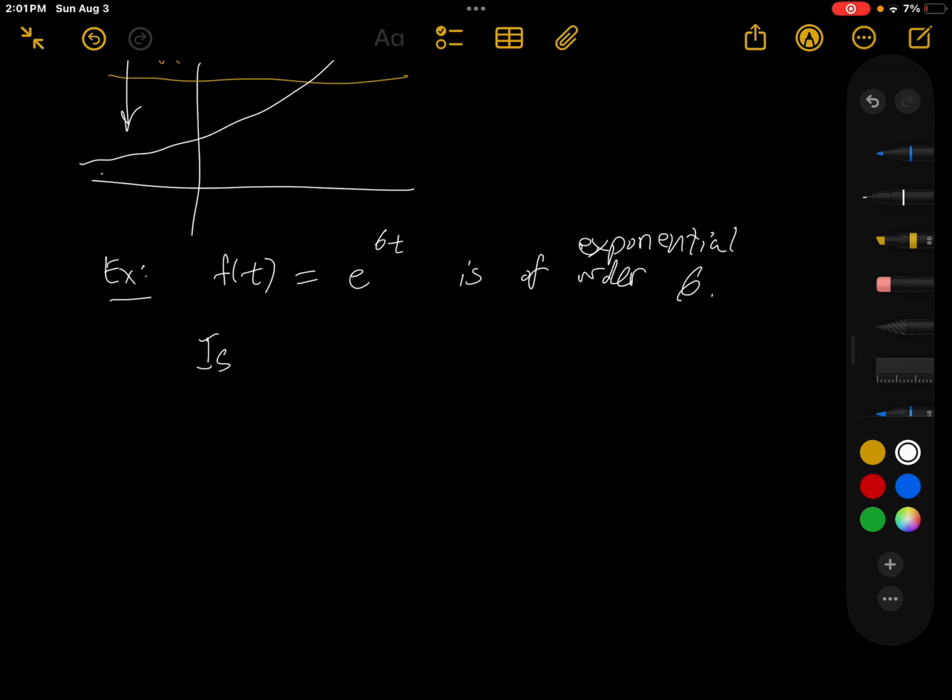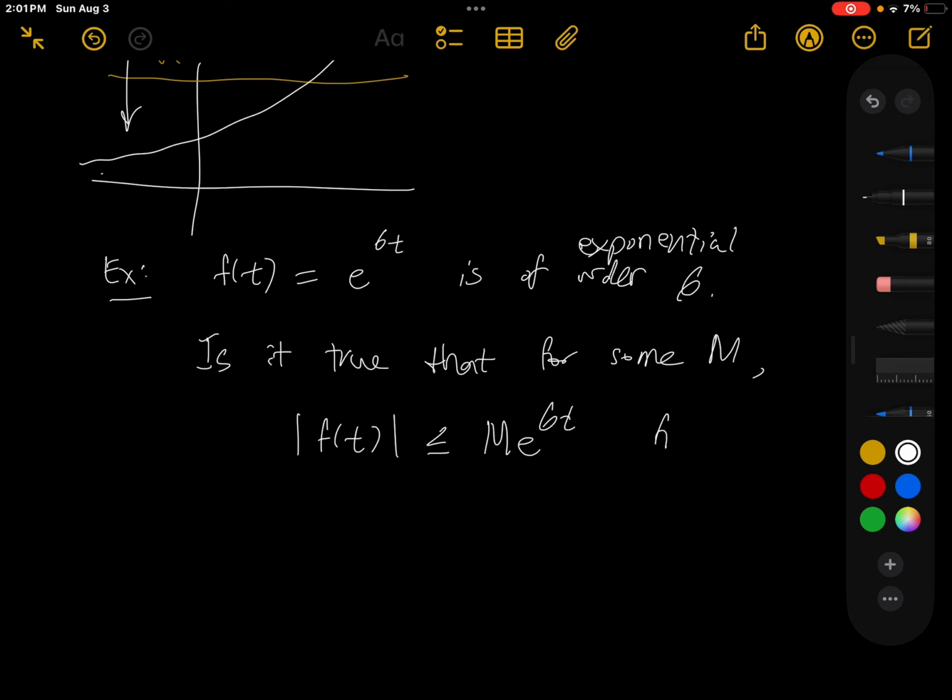Is it true that for some m, the absolute value of f of t is less than or equal to m e to the 6t for all t past a certain point, capital T? So for some m and some capital T, is this inequality true?